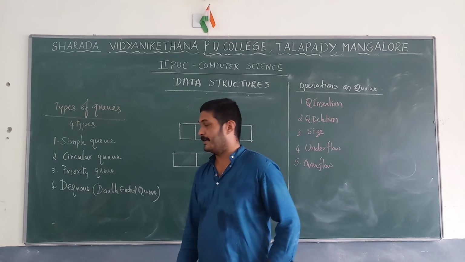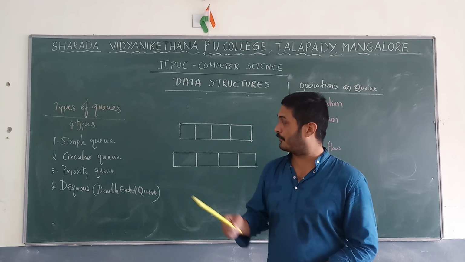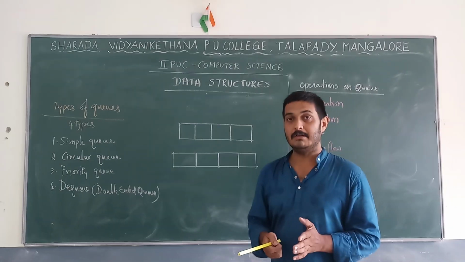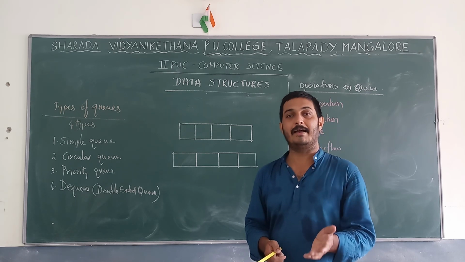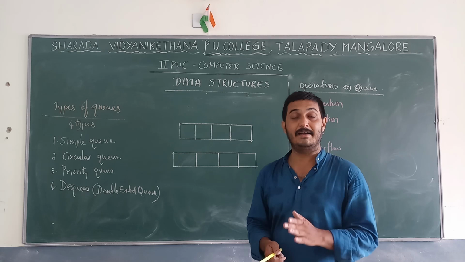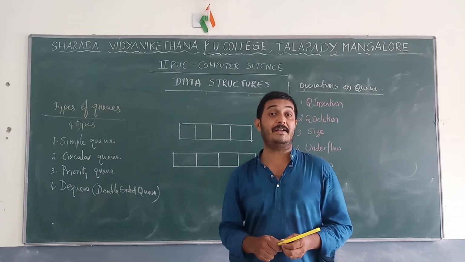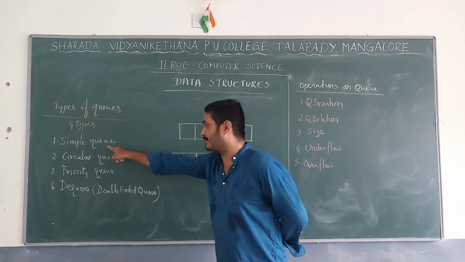First, what is a simple queue? So far we studied the definition of a queue: a linear data structure where insertion takes place at the rear end and deletion takes place at the front end, and all of this applies to the simple queue.